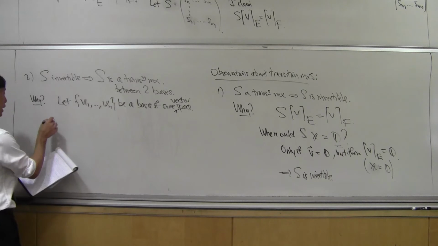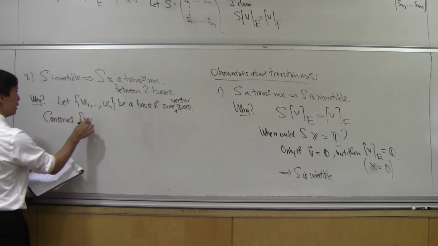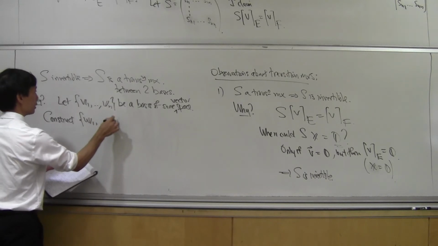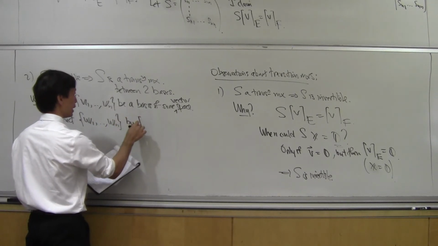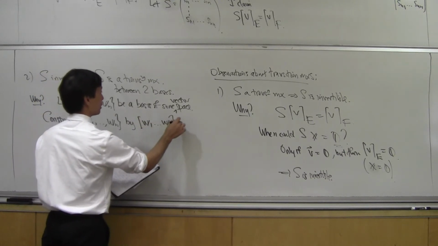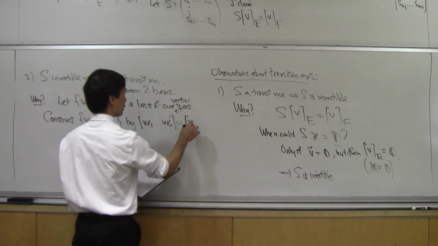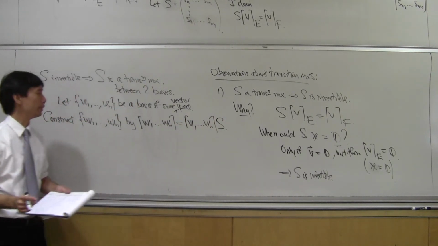Then construct W1 to Wn by taking linear combinations of the V's.